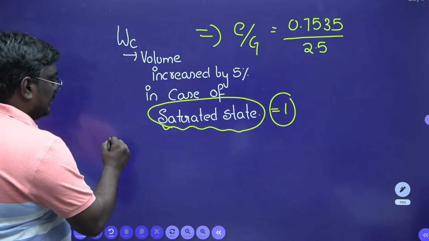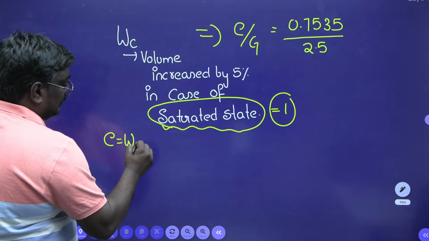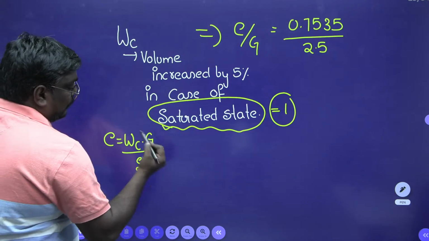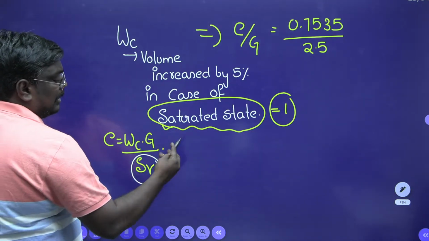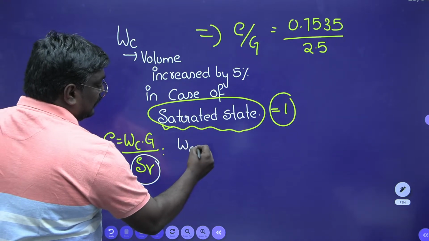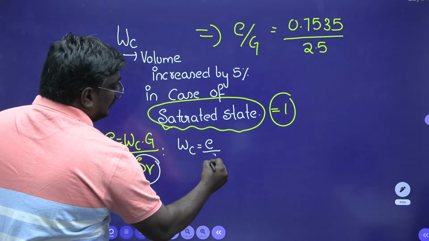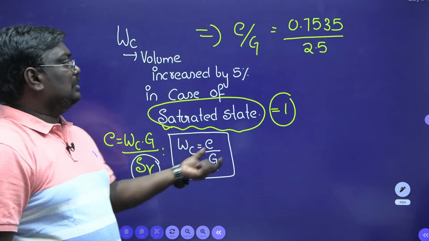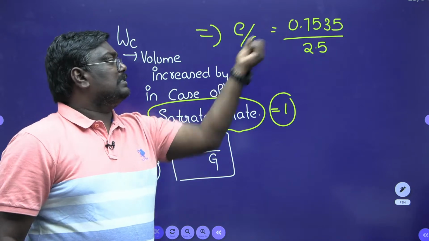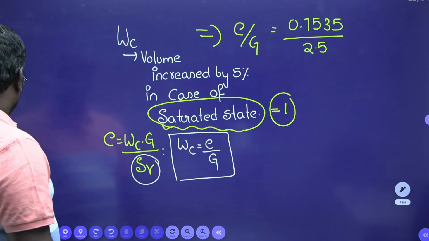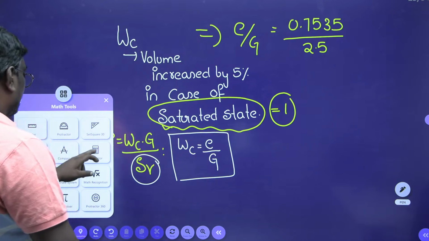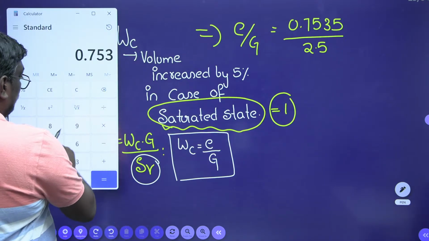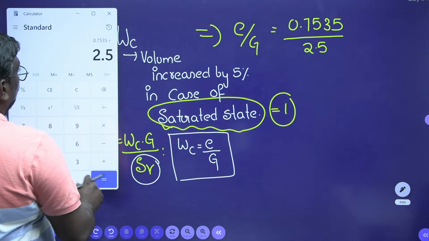You know e is equal to w into G upon Sr. Here the degree of saturation is taken as 1, so water content can be written as e upon G. So e is 0.7535 divided by 2.5.